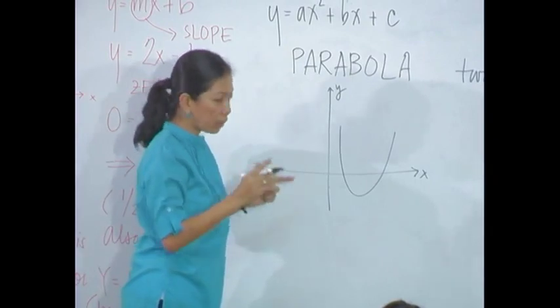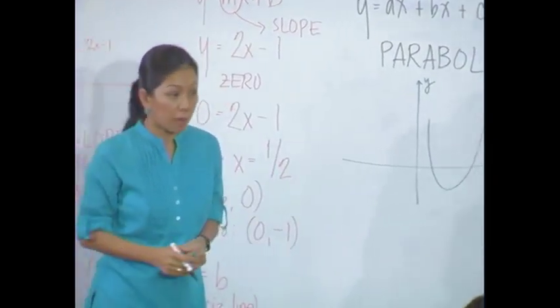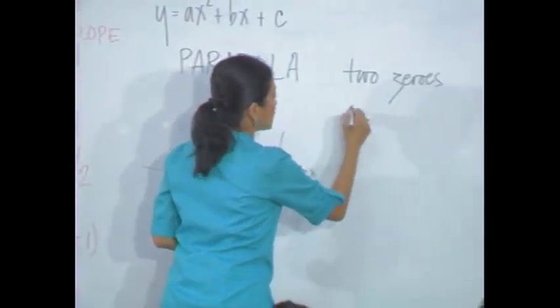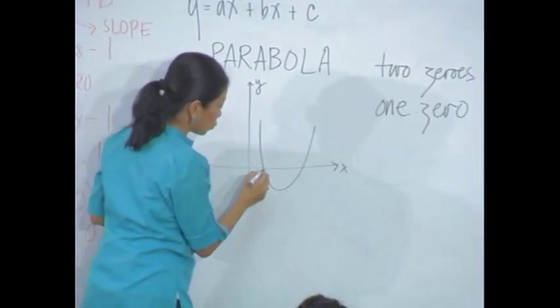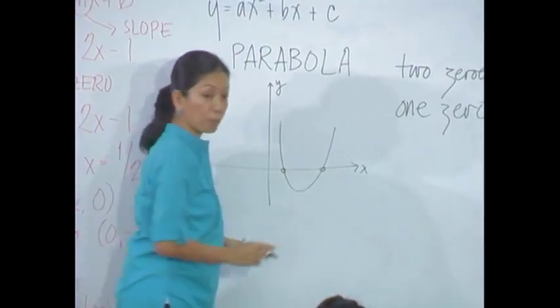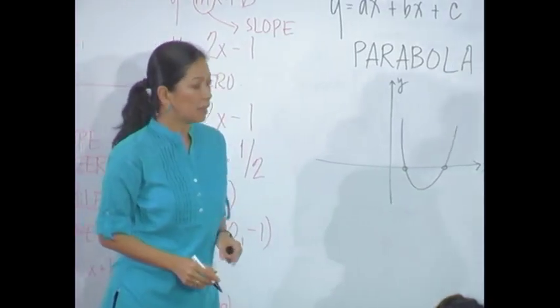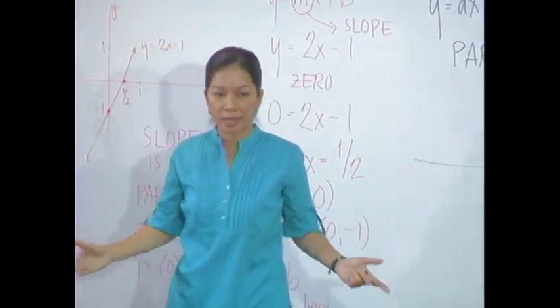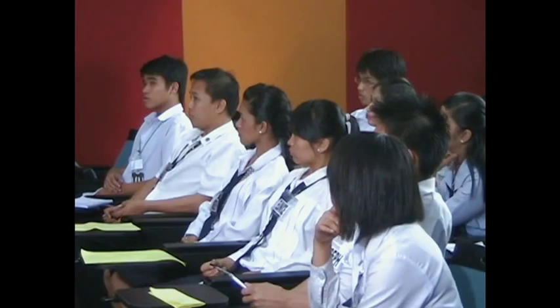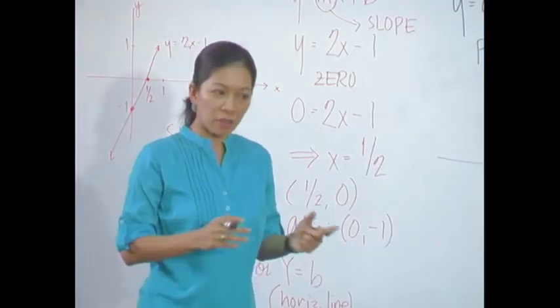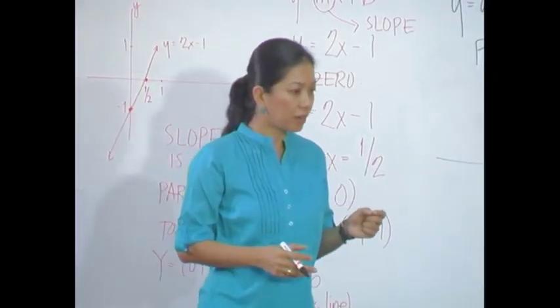Okay? Let's say we're only considering parabolas that open upwards. If there is 1 zero, okay, of course the 2 zeros are given over there, the points that lie on the x-axis. If there is only 1 zero, then that's a nice picture too, because the 0 is exactly at the x-axis. What is that point, Gerald?